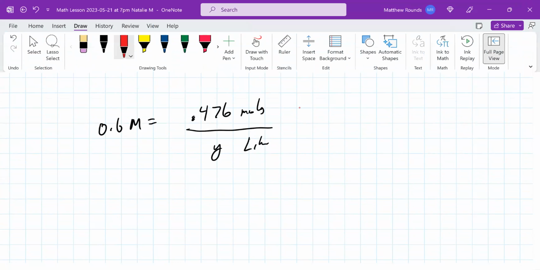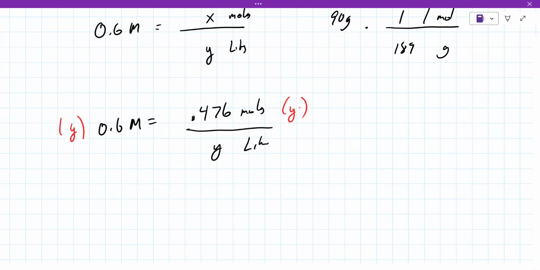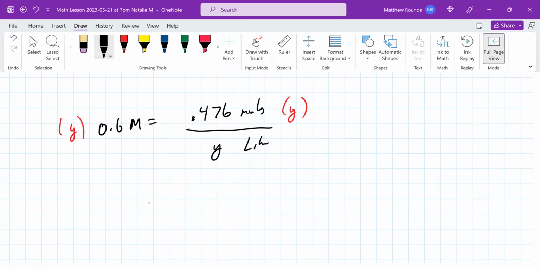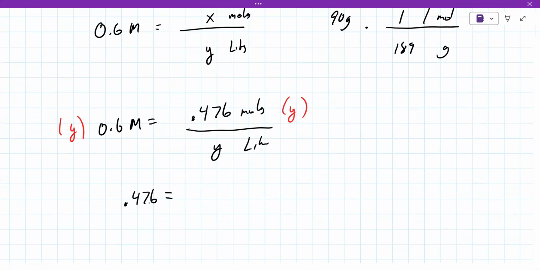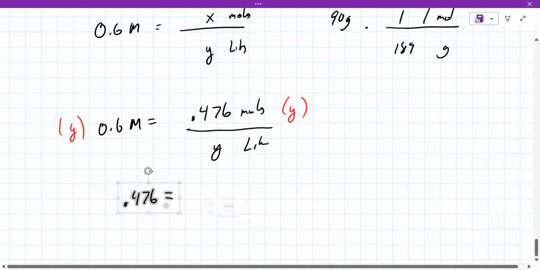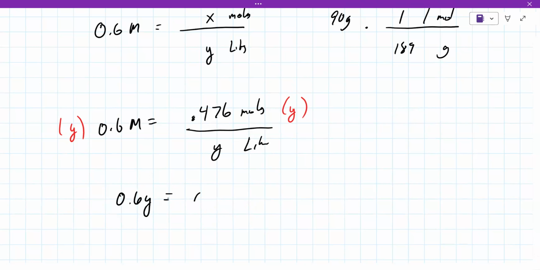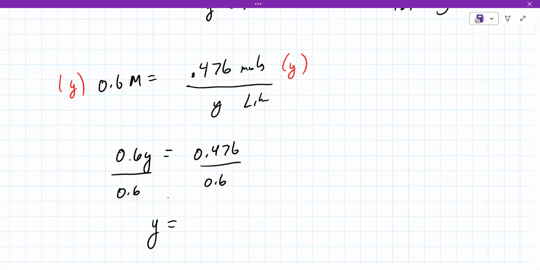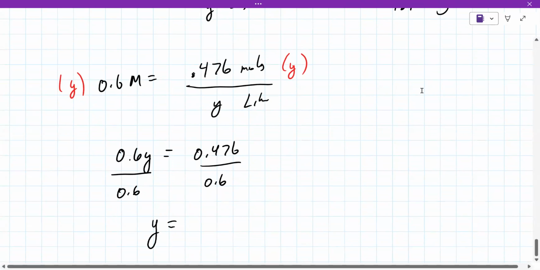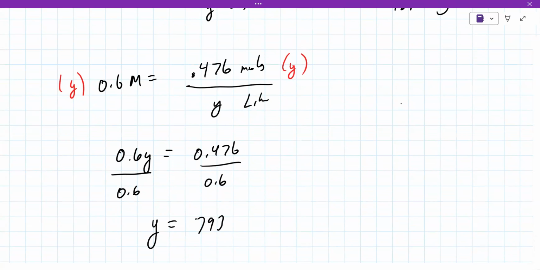You multiply both sides by Y. So 0.6Y equals 0.476. Divide both sides by 0.6, and you have your Y value. 0.793, and that's your liters. So it might be 793 milliliters.